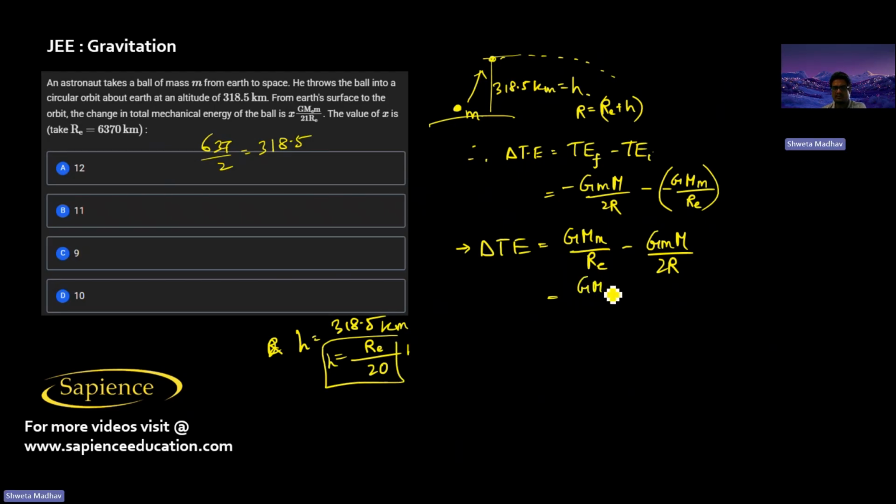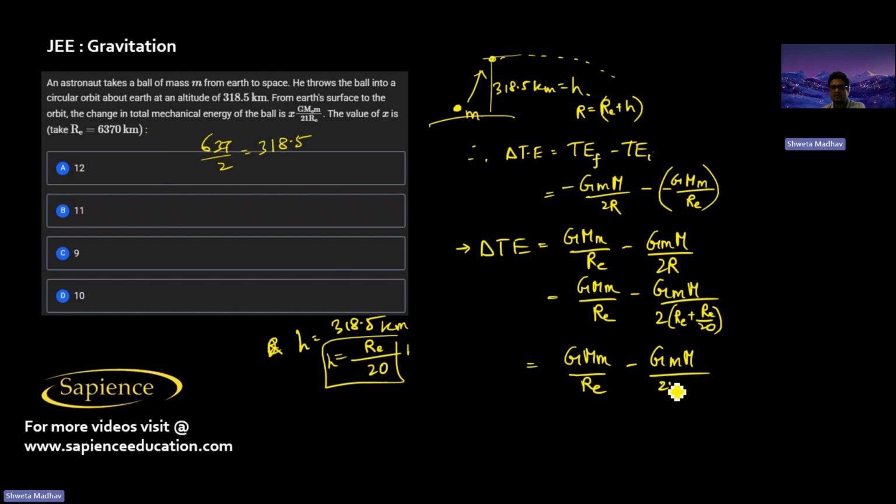This will be Gmm by Re minus Gmm by (Re plus Re by 20), which is 21 Re by 20.